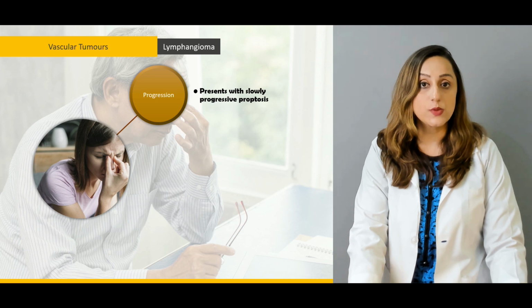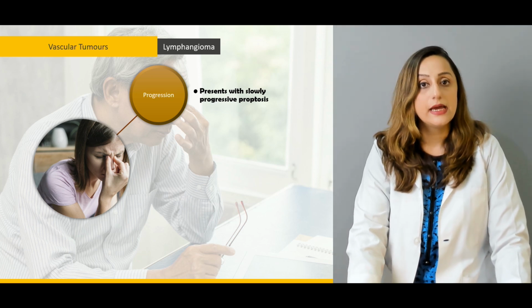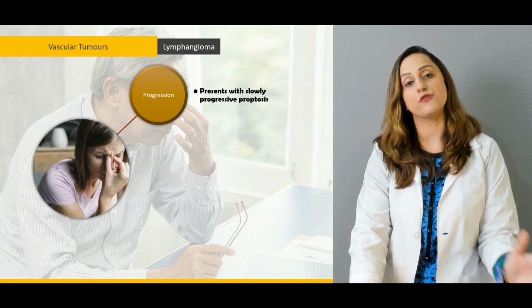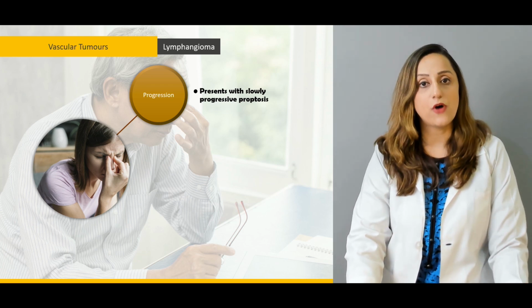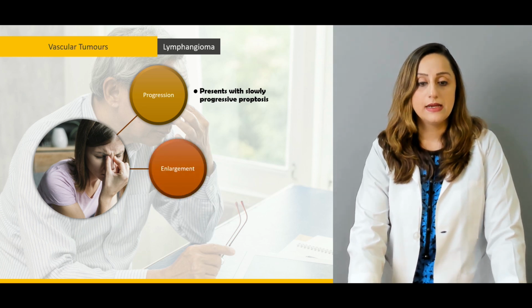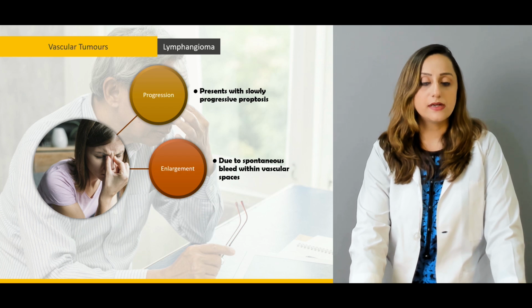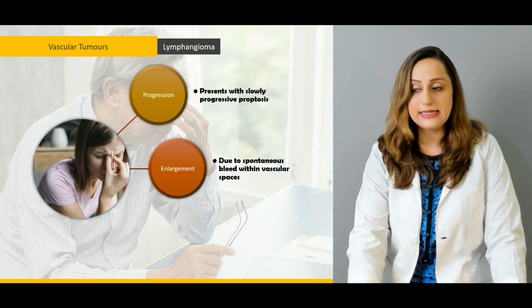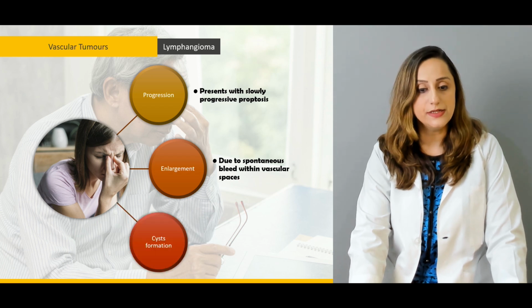Proptosis is associated with it because the mass is located at the retroorbital space and is going to push the contents in the forward direction, and that is going to give the effect of proptosis in these individuals. The enlargements over here are quite conspicuous due to the spontaneous bleed within the vascular spaces.